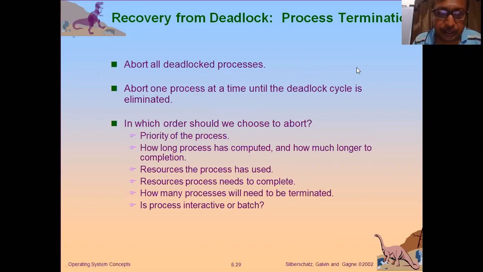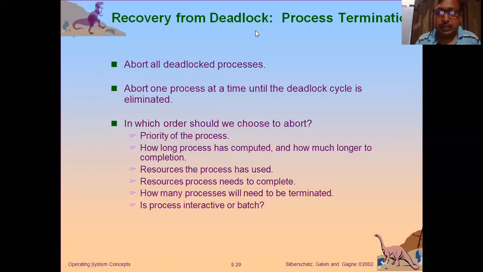And the system will come out of the deadlock state. But we have several processes which are in the deadlock state and we have to decide which one to select so that the system is not affected. So there are several criteria based upon which we can select which process should be aborted.